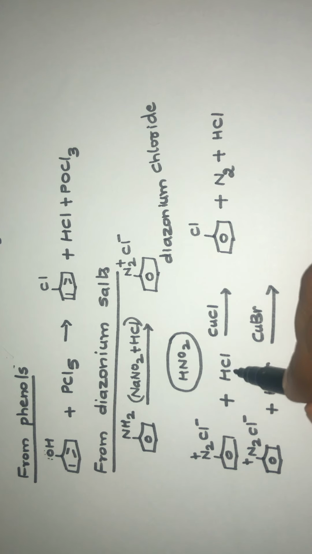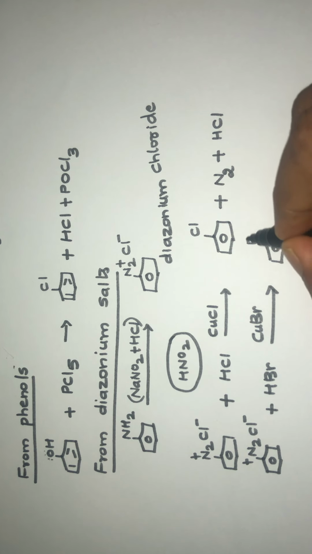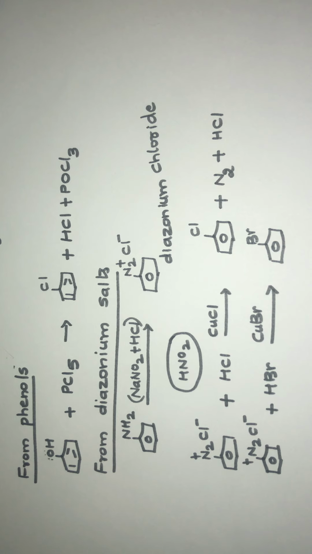If you want chloride, use HCl. If you want bromide, use HBr. So you get bromobenzene.